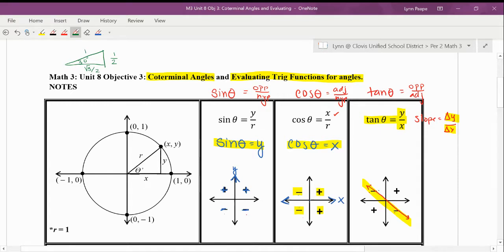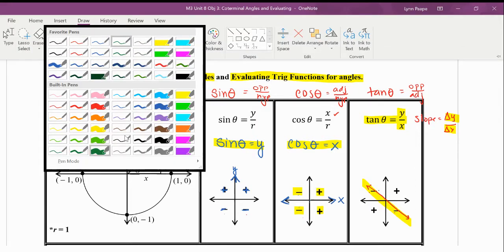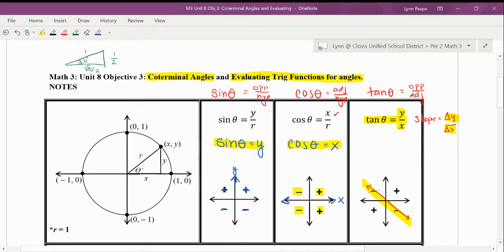So if I were to draw in a 30-degree angle, I'm going to get a thicker pen here so I can see this a little better. So let's go here. If I were to draw in a 30-degree angle, say right around there, let's call that 30 degrees, then I know to go from 30 degrees to this ordered pair, I have to head right root 3 over 2 and up 1/2.